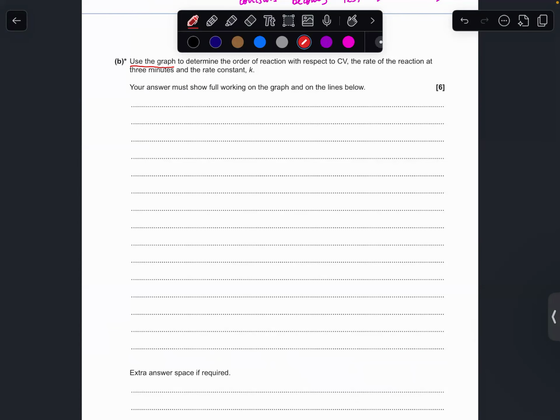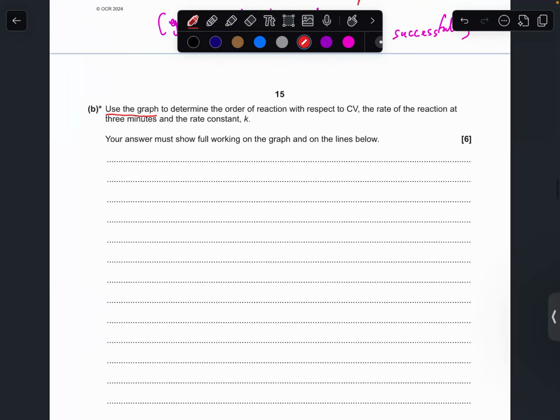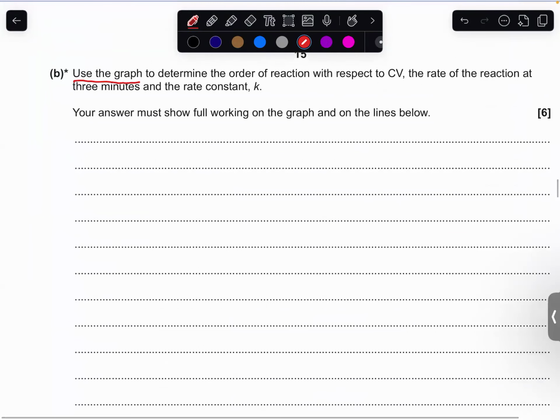No, it's not. You need to break it down, read the question carefully, and extract what they are asking you. They are telling you to use the graph to determine the order of reaction with respect to CV, the rate of reaction at 3 minutes, and the rate constant.